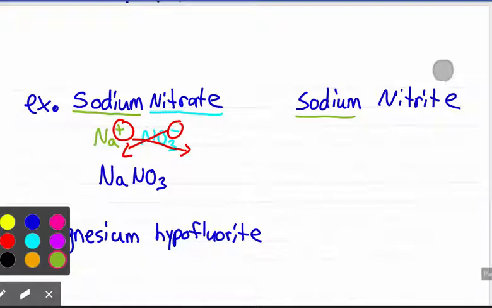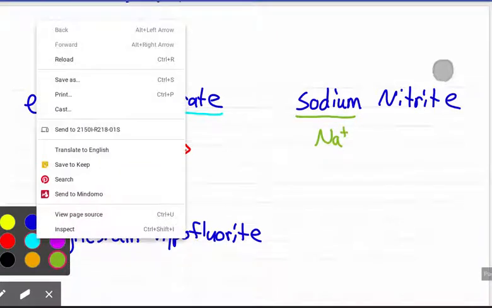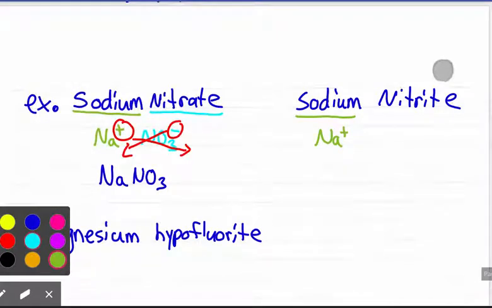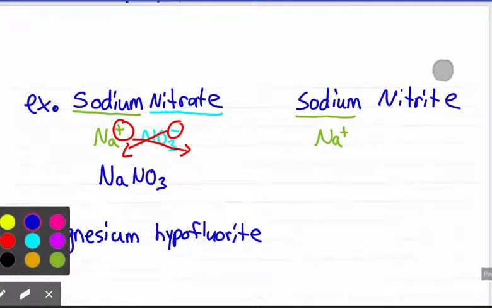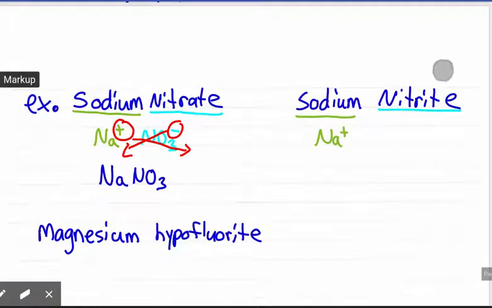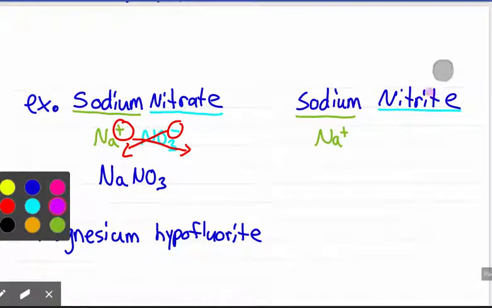So sodium, Na plus, and our nitrite. Our nitrite is not NO3. We should recognize that we have ite here.